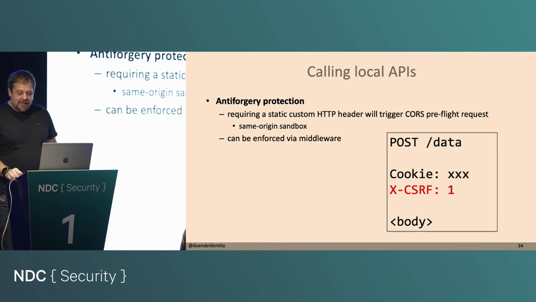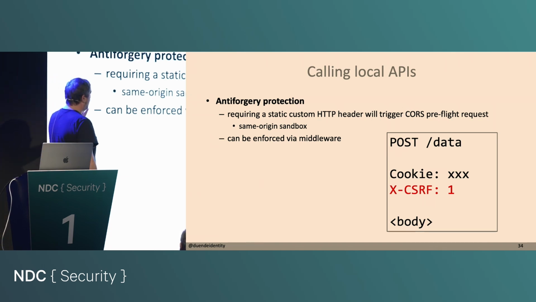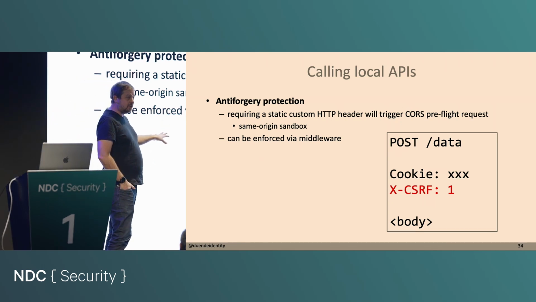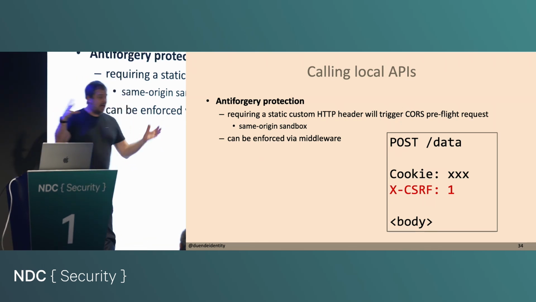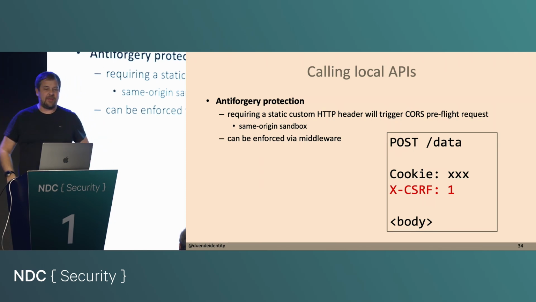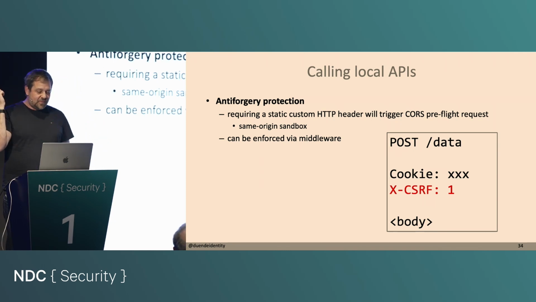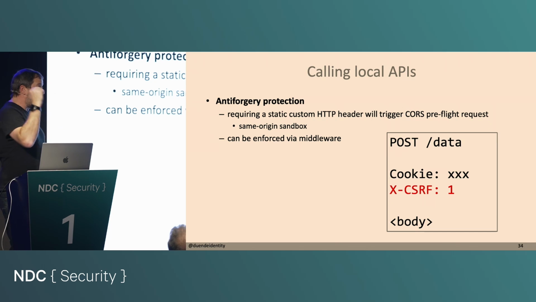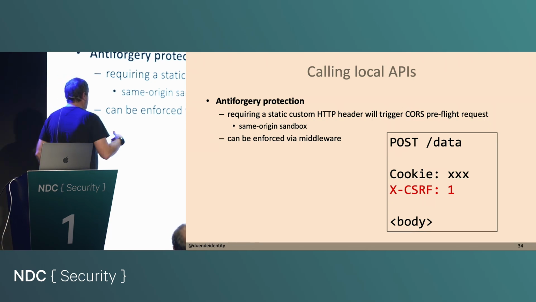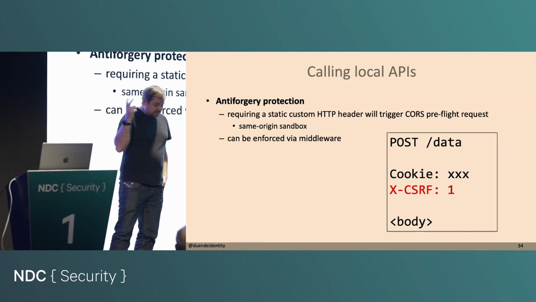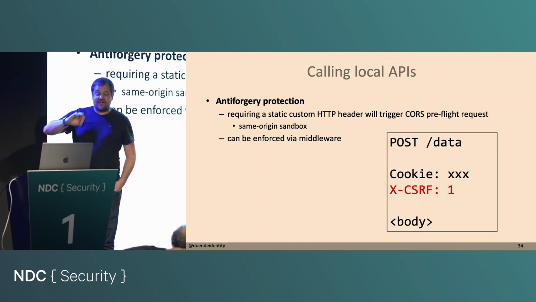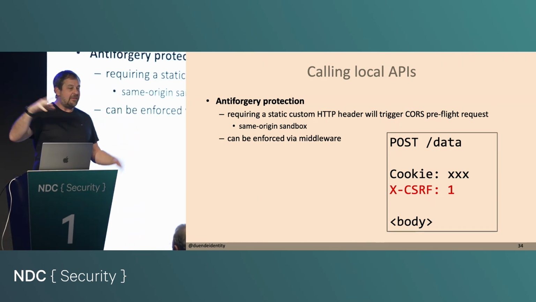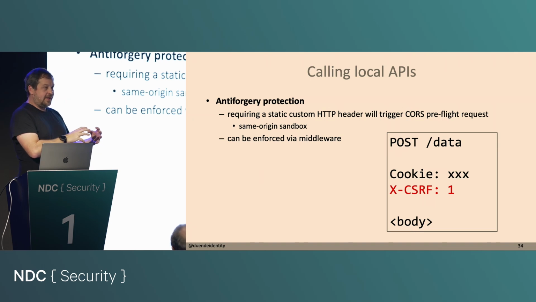So I said earlier that with same-site cookies, we now have a nice security boundary by default if we want to secure our local APIs with cookies only, right? Because now with same-site cookies, they only travel within site boundaries. Now, that is good, and you get that by default now. But by definition, what same-site means is everything that's within that site is trusted, right?